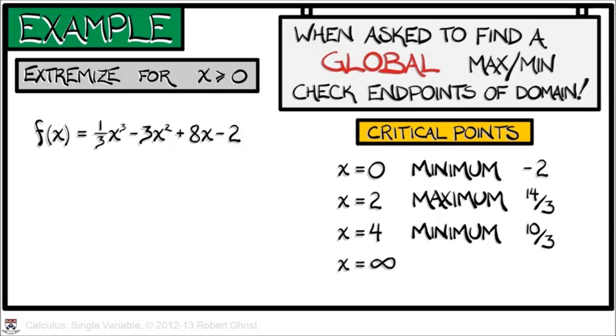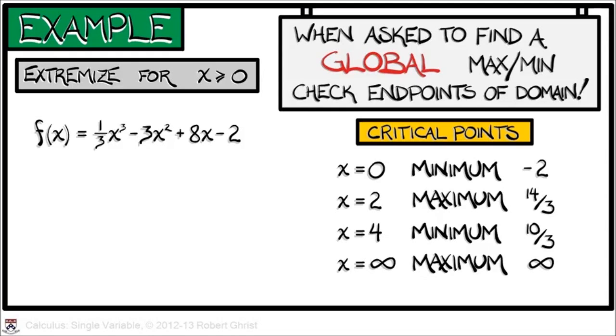What is the function doing at infinity, or more properly, as x goes to infinity? Well, you can see that because the leading order term is x cubed over 3, the function tends to infinity. And therefore, we have a global maximum, taking on the value of infinity at this right-hand endpoint.